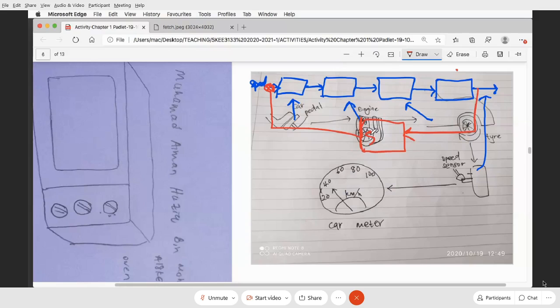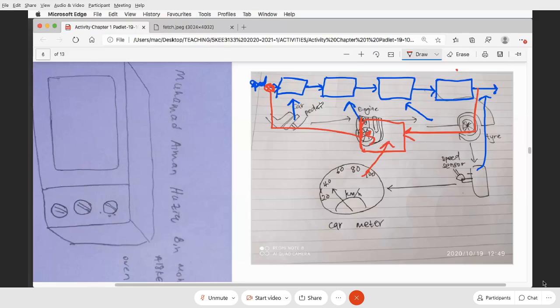So meaning that the sensor here is your eyes. Correct? Your eyes will monitor the meter. Your eyes monitor the reading of the meter. So this is manual control but closed loop.